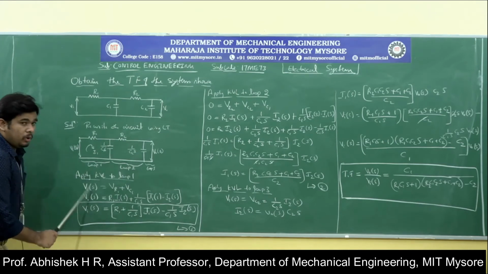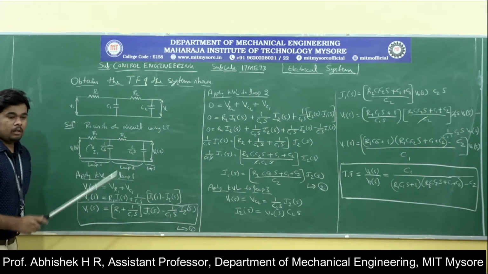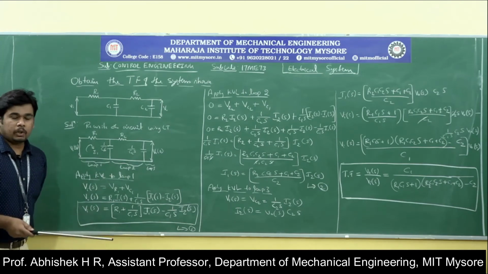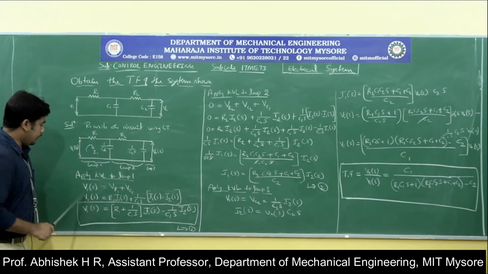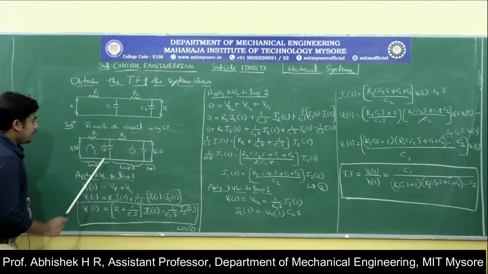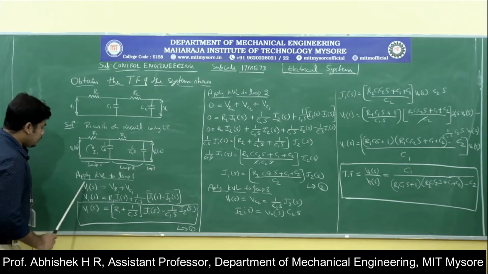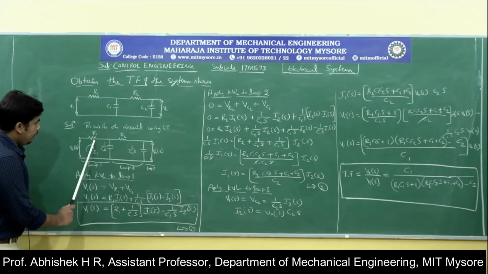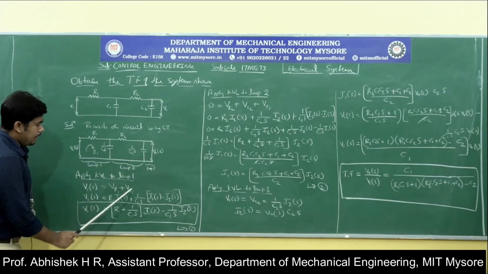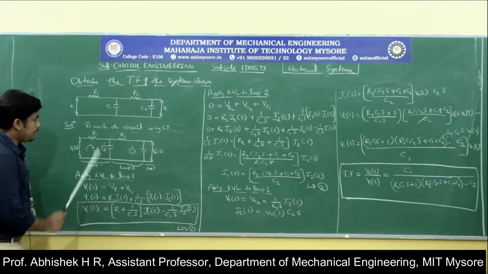As we all know, by Kirchhoff's voltage law, the voltage across the circuit is equal to the sum of the voltages across the individual elements of the circuit. Considering only the first loop, the input voltage is equal to the voltage of the resistance plus the voltage of the capacitance.